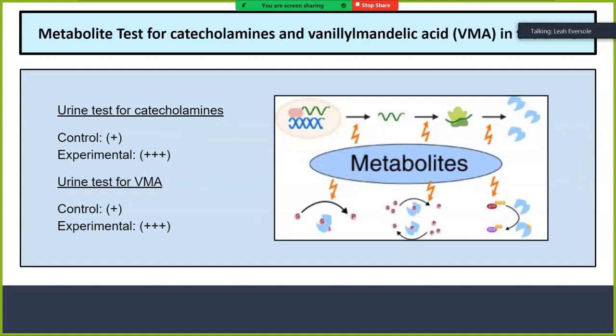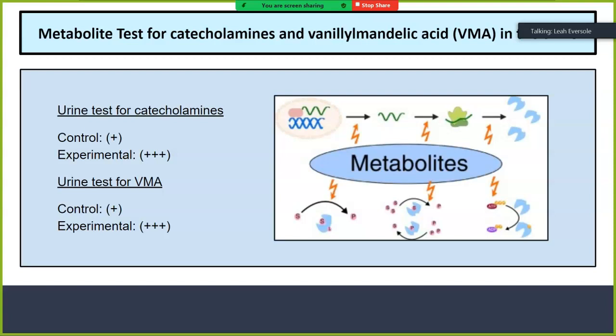And moving on to our final test that we decided to ask for, the metabolite test for catecholamines and VMA in the urine. Now these are the broken down metabolites that would be present if epinephrine was given.